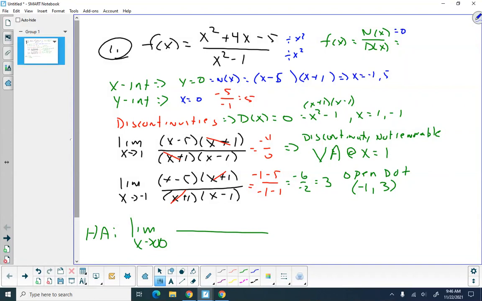Top and bottom. So we're left with 1 plus 4 over x minus 5 over x squared. On the bottom, we're left with 1 minus 1 over x squared.